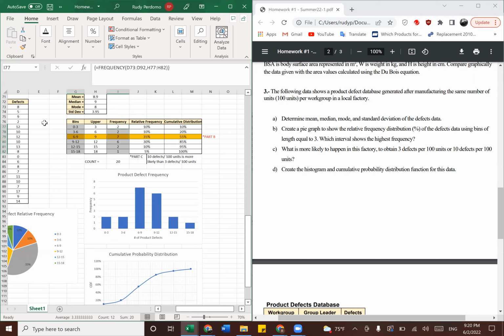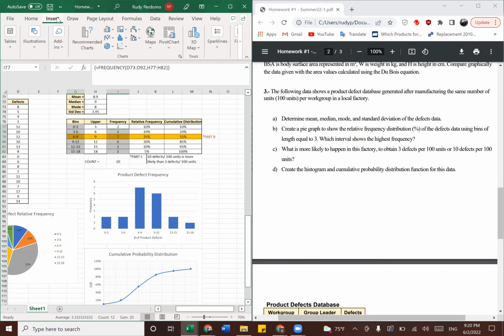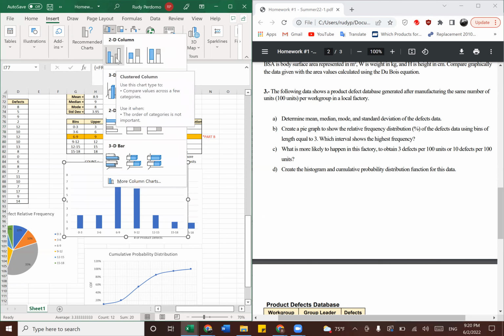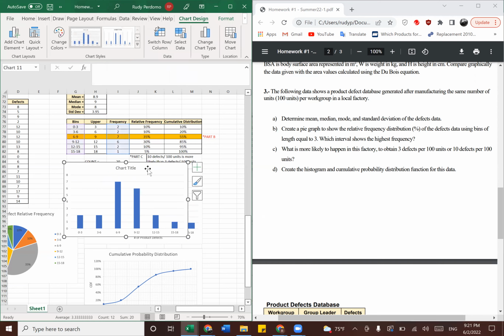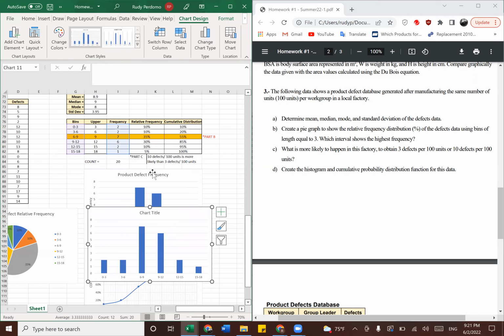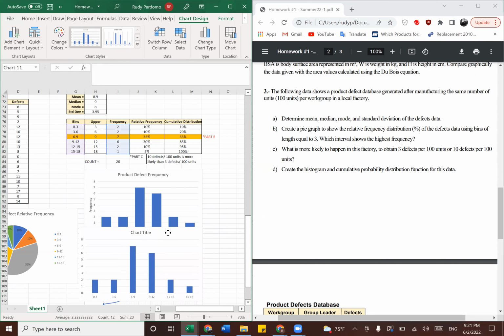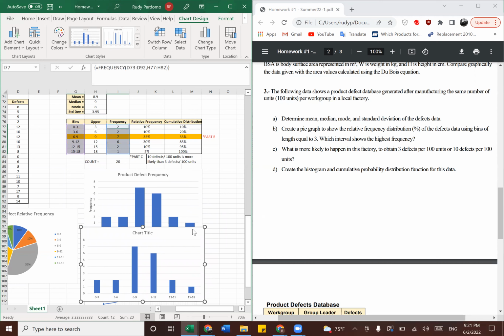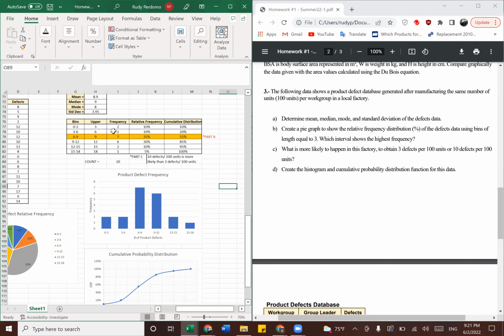So now you can select 2 different areas at the same time. Then you go to insert a column graph, 2D column graph, this one. And then you add the axis titles, you add the title, and there you have it. So that's your histogram. Histogram is pretty much just plotting your frequencies.